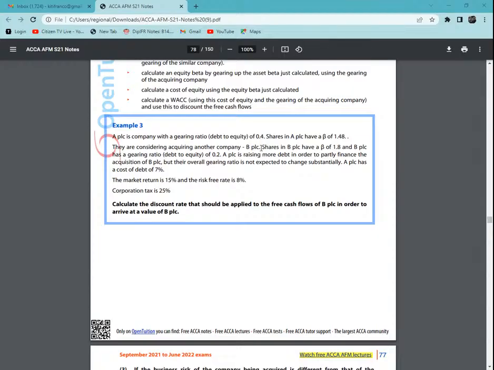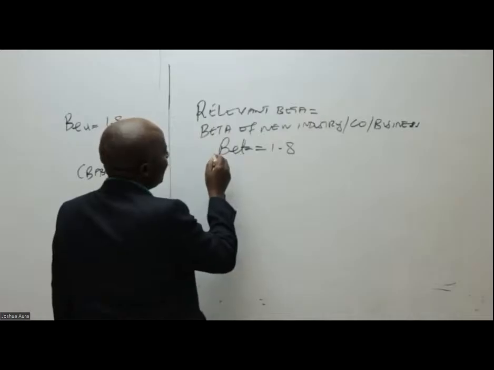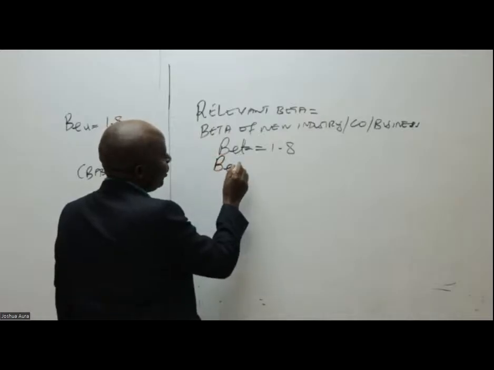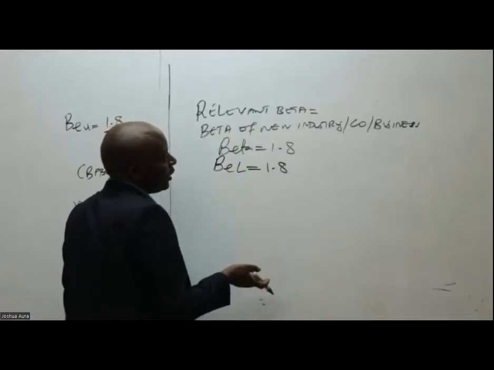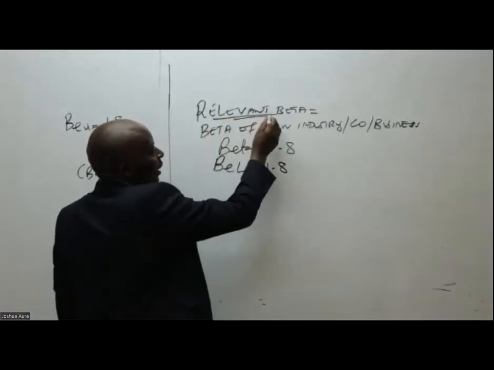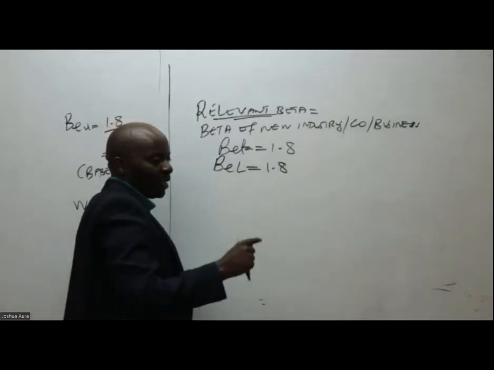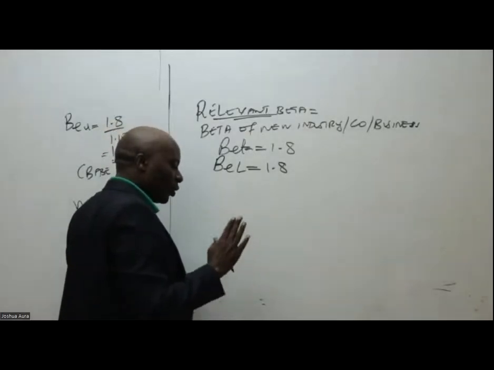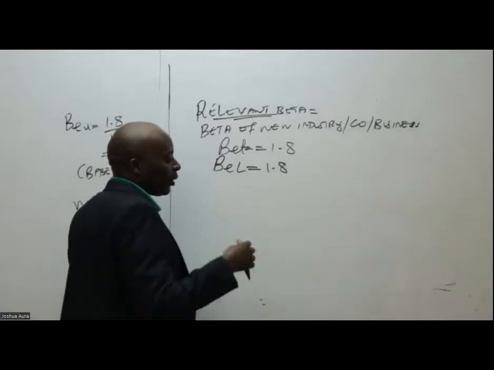And if it's a levered firm, ladies and gentlemen, then what I need to conclude is that this beta is beta equity of a levered firm, which is 1.8. The concept is very easy: this relevant beta has to be ungeared. So that when this firm goes to this new industry, they'll decide later on to bring in debt and what percent.